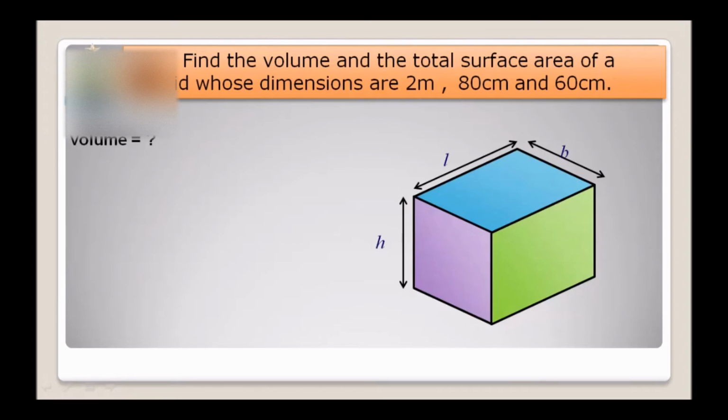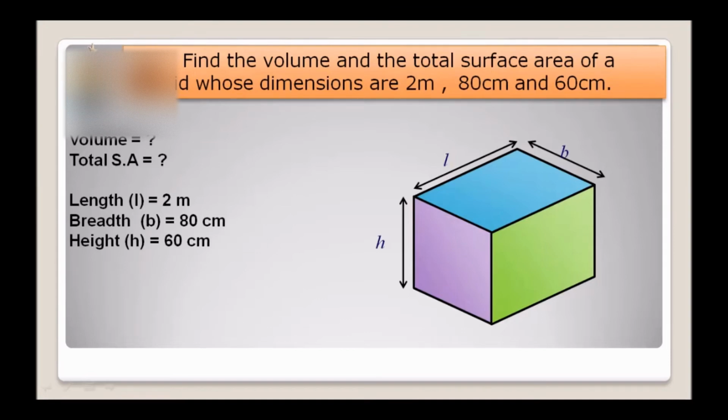Now first we write what is given in the question. In the question we know that we have to find volume and surface area. Length is 2 meter, breadth is 80 centimeters and height is 60 centimeter.